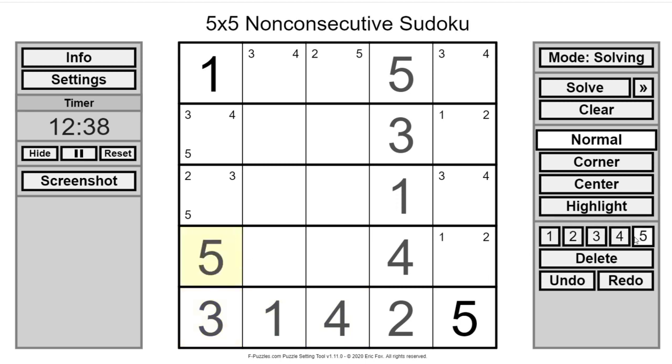That can't be a 2 or 4, so that's a 5. This 1 means that this space can't be 1 or 2, so it must be 3.